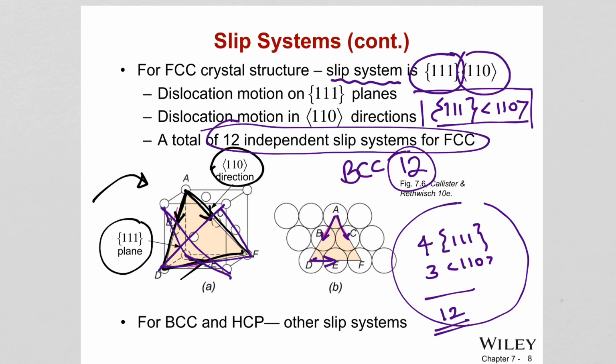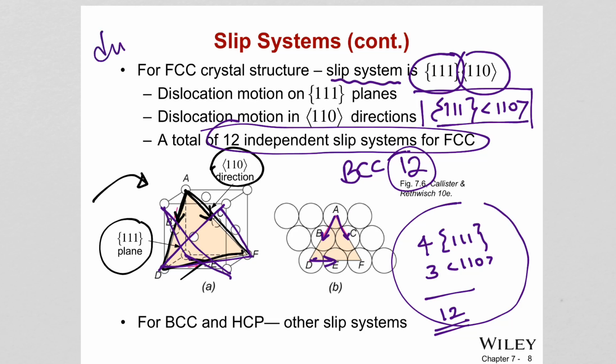So therefore, metals with FCC and BCC crystal structures have a relatively large number of slip systems. That makes them quite ductile because you can easily deform them in various slip systems, right? Think about it. Remember, with slip, the deformation happens, and if you have a relatively high number of slip systems where this dislocation motion can take place, that makes the material easily deformable, a ductile material.